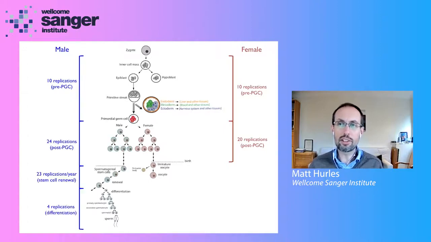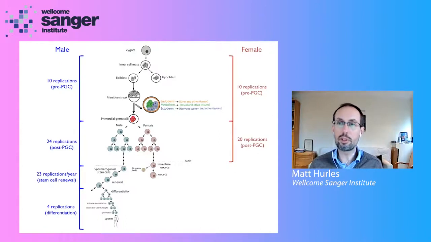Whereas on the male side, it's somewhat different. On the male side, until puberty, it's relatively similar. There's a relatively small number of cell divisions that go to form a key cell type called a spermatogonial stem cell. And from puberty onwards, these are the cells that continually divide and differentiate to form sperm.